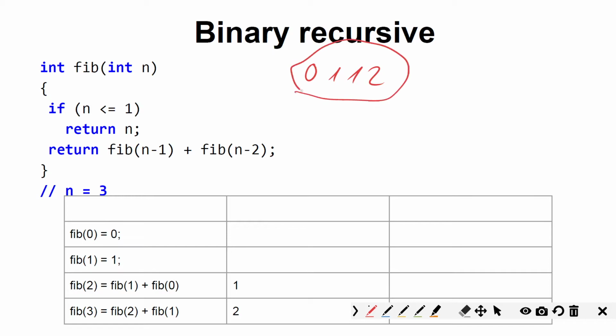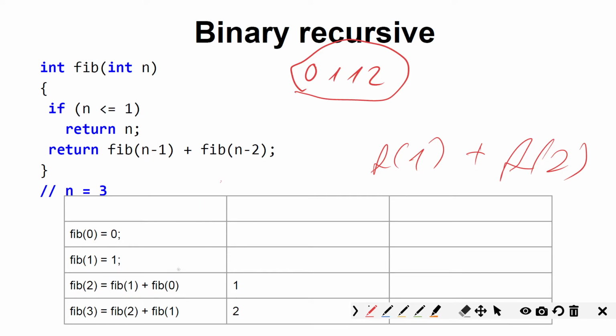If you would like to add those numbers from that sequence, you need to write a recursive function with a binary recursion, because you have the f1 call plus another f call.